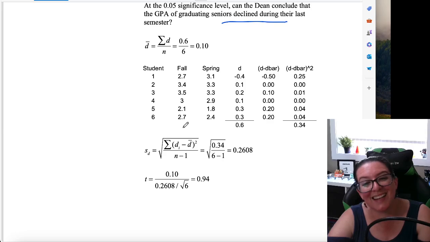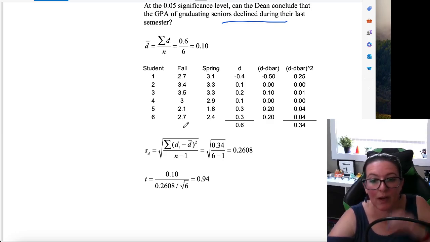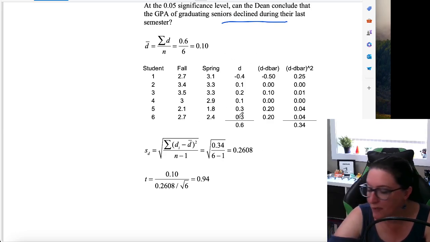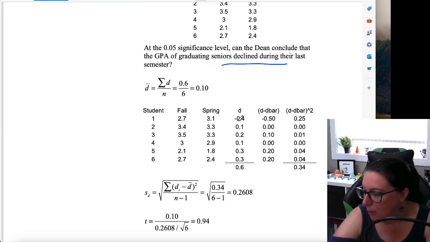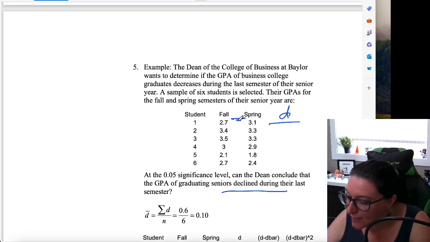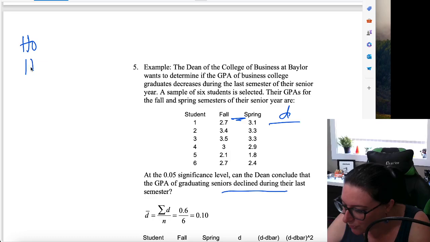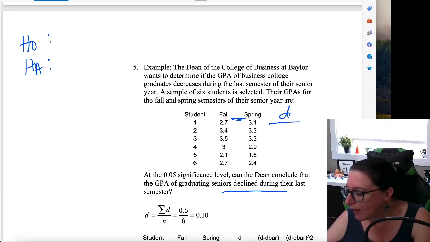Well, we're going to do this in Excel. It's already pre-built for us, and we're going to do it in Python as well. So we don't have to do this calculation by hand. But what we do need to do is identify the null and the alternative hypothesis. So here we think that the GPA of seniors declines during their last semester.